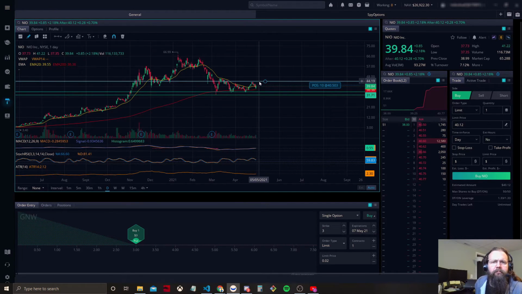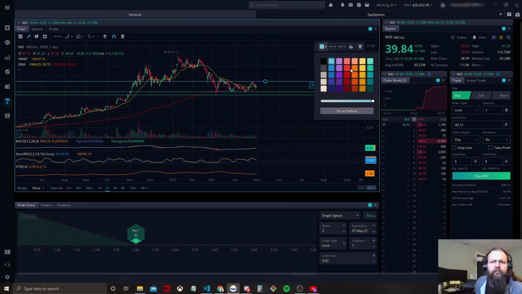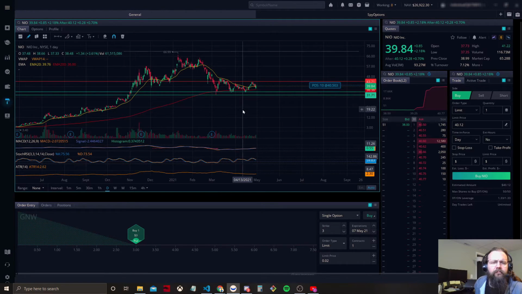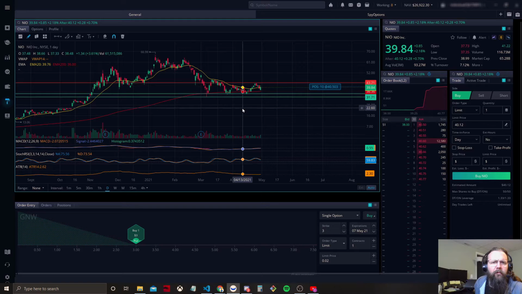Let's make that red. Zoom a bit more. Let's go ahead and make that one here. It's quite a bit wider than my area of support. Let's tighten it up a bit.